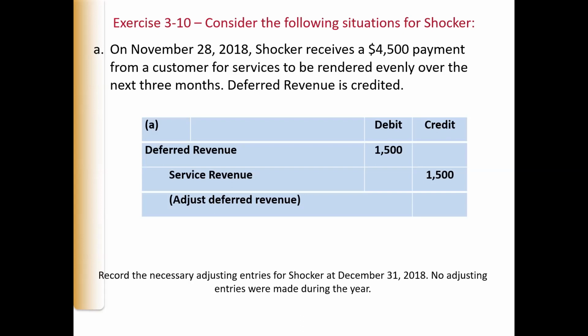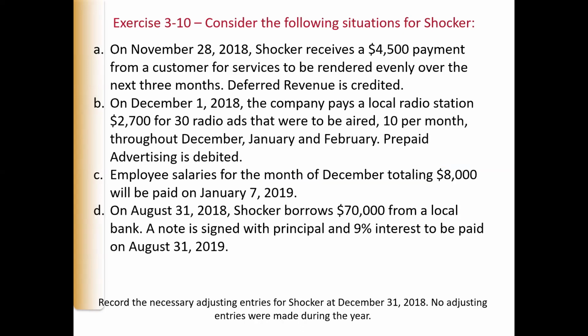So we debit our deferred revenue of $1,500 and we credit our service revenue of $1,500. Doesn't that make sense? Yeah. Anybody have questions on this one? Okay, thank you so much, Harmony.